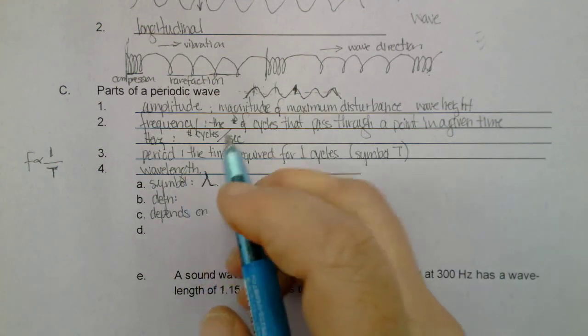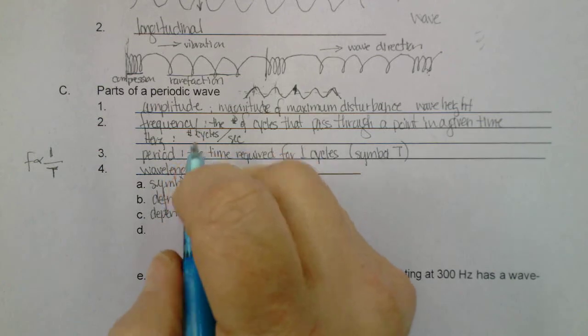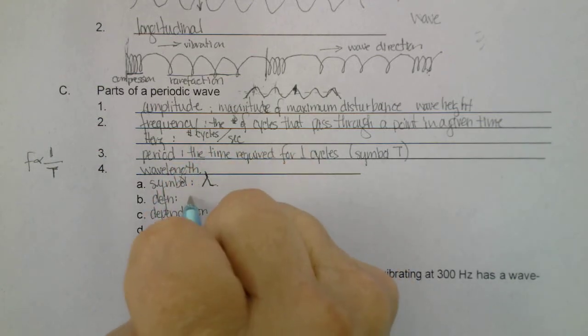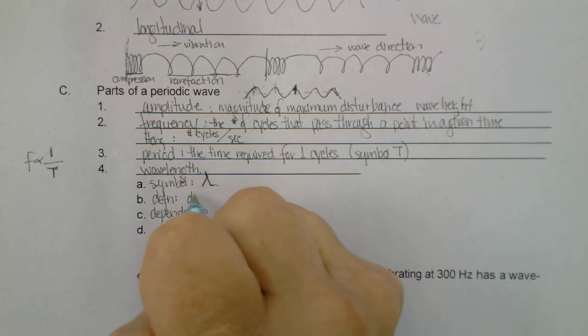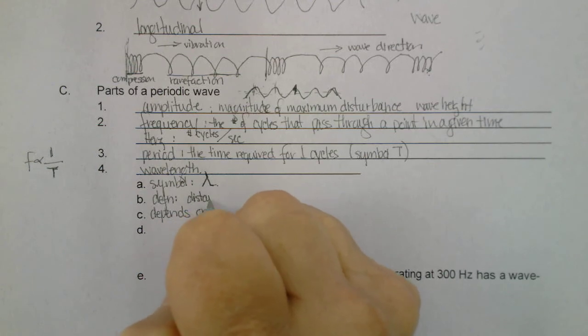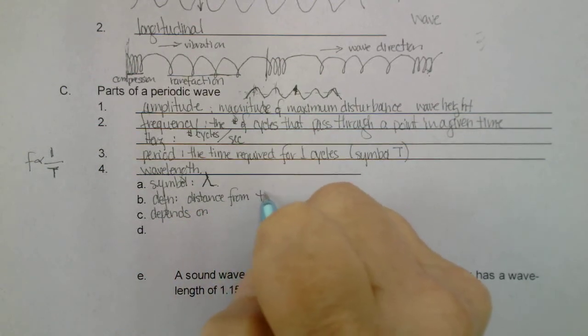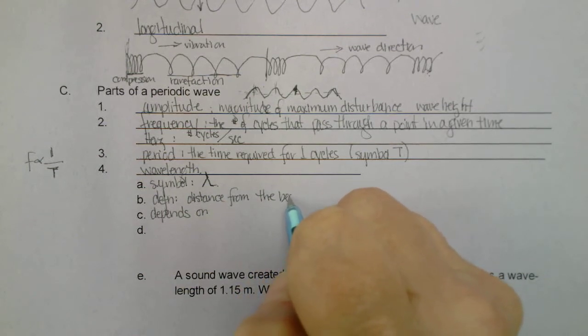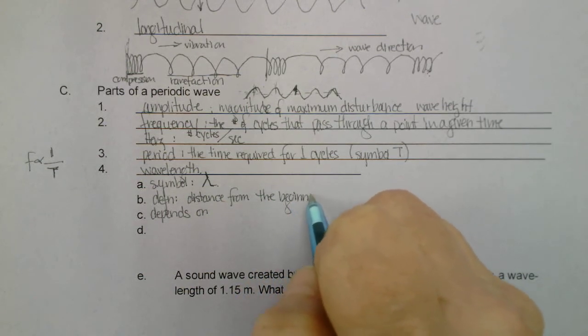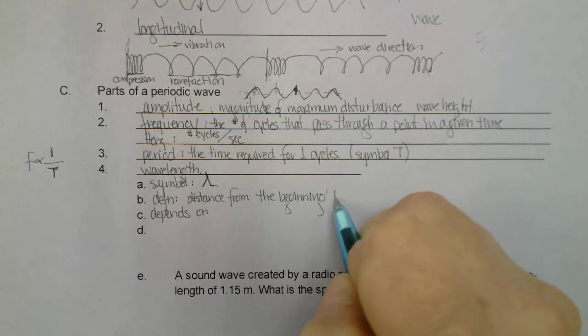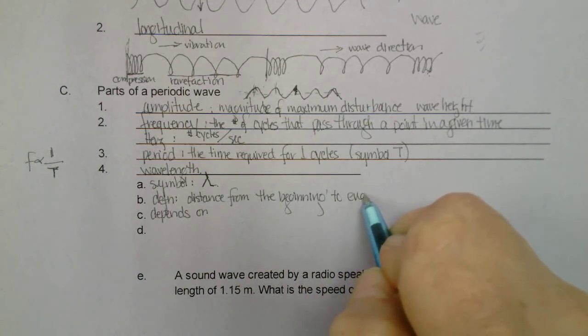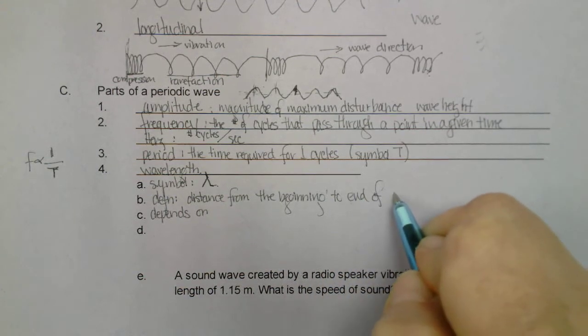The definition of it is going to be the distance from the beginning to the end of a cycle.